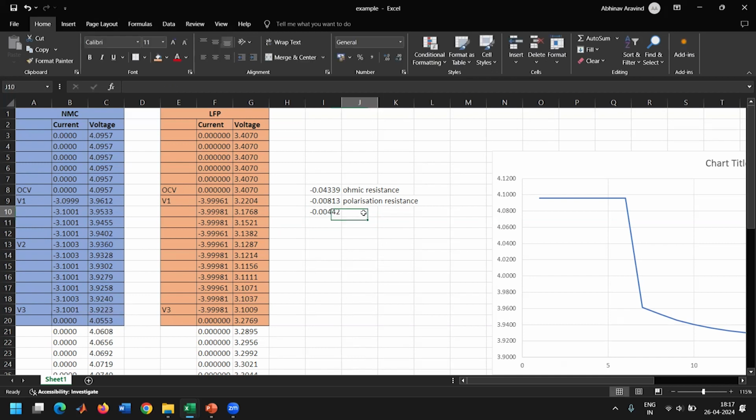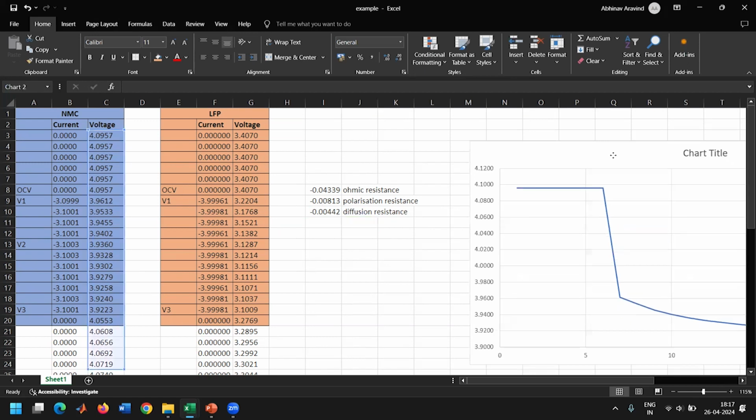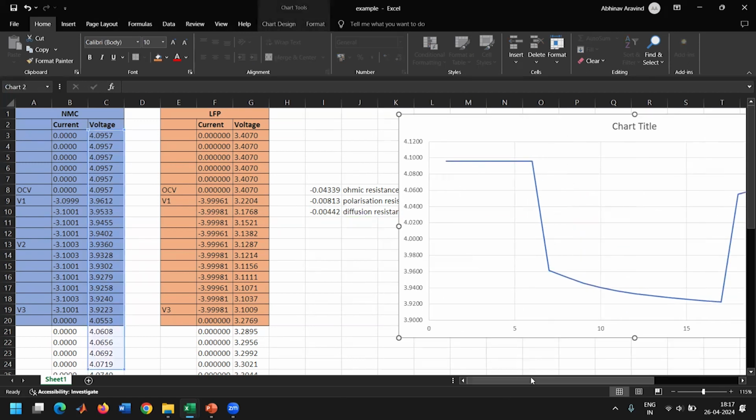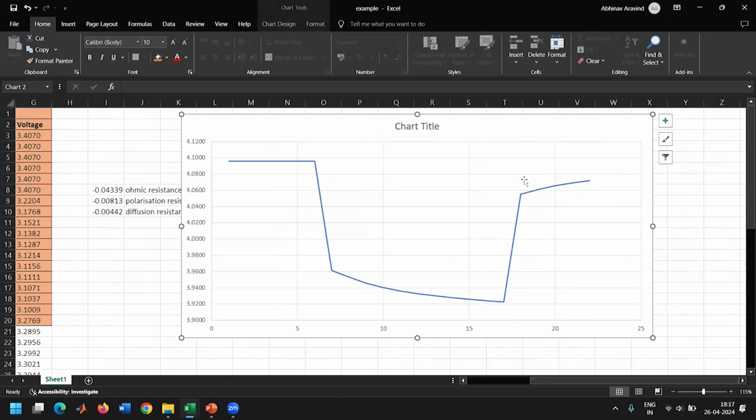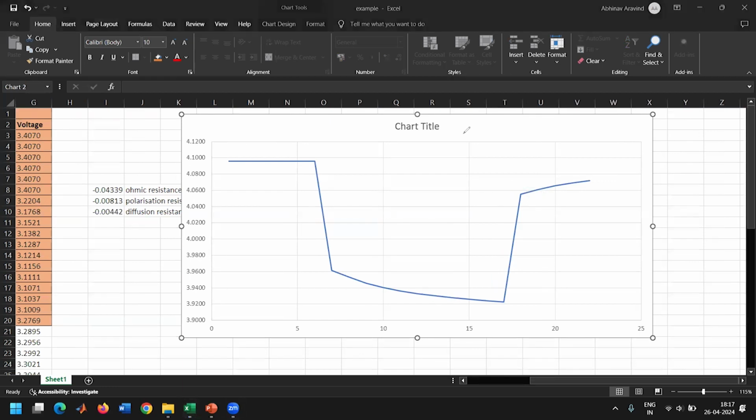And this will give me what is called the diffusion resistance. Okay, so this is basically how we categorize the resistances. This is how we calculate it. Okay, and all of that will be done through obtaining the complete voltage profile from the DCIR. Okay, so this comes from a test called DCIR.